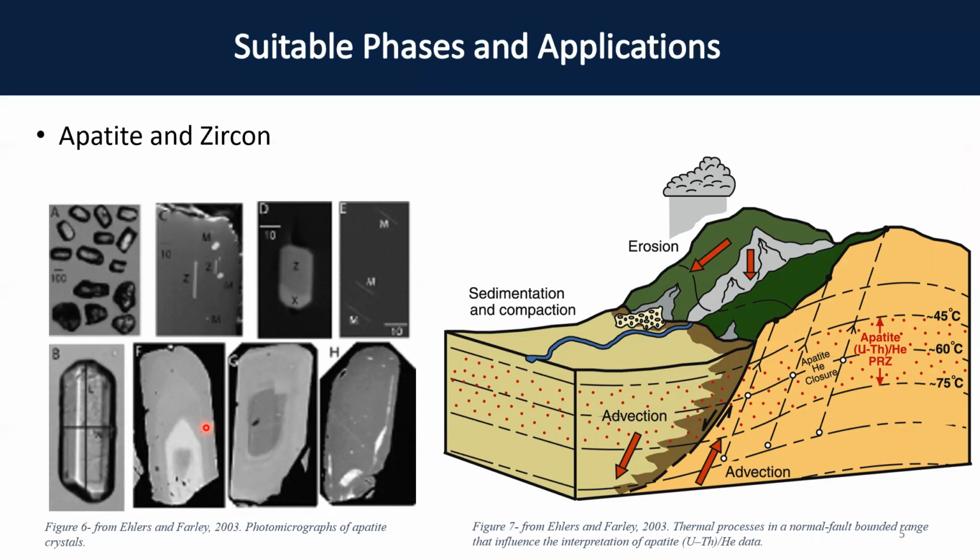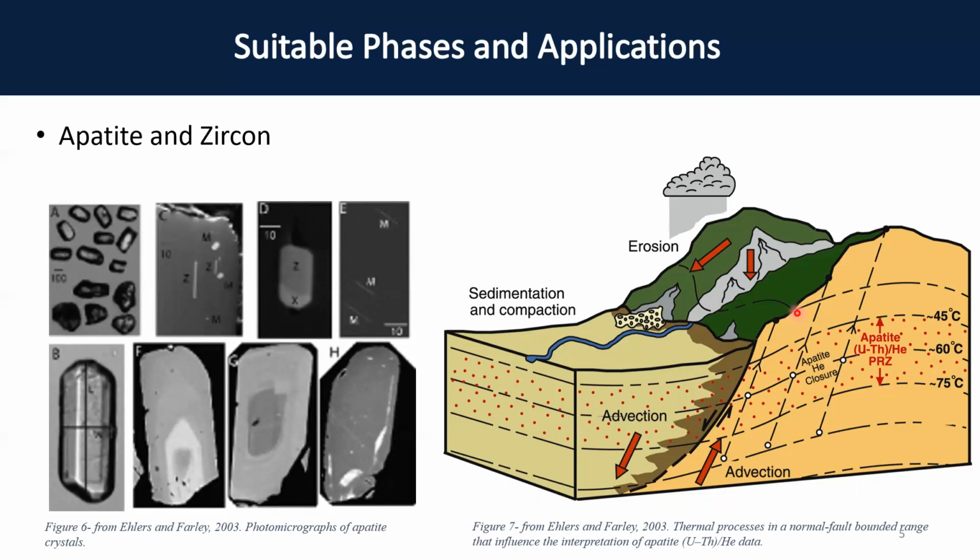When the temperature gets higher, this helium will diffuse rapidly out of the apatite or zircon minerals at temperatures greater than about 70 degrees Celsius. But what this means is that we can use uranium, thorium, helium in systems close to the surface at low temperatures to understand the erosional, uplift, incision, and various other processes that occur close to Earth's surface.